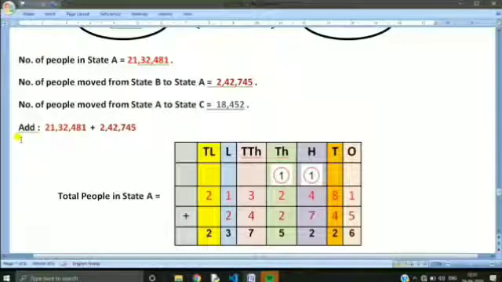So we will be adding 21 lakh 32,481 with 2 lakh 42,745, and by that we will get the conclusion as the total people in state A, meaning those people who moved from state B to state A. We will be finding the total number of people in state A. So here we have placed our digits as per the place value. Now we will find the sum.